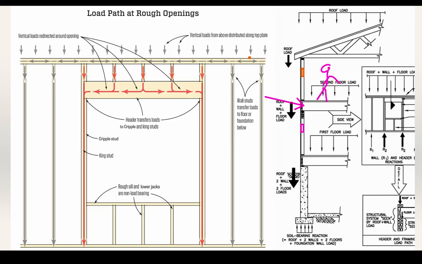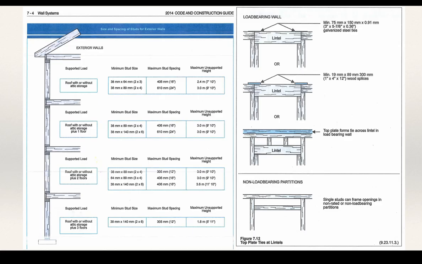As opposed to the orange lintel, it's just carrying the roof. Now, that might be a lot if we have tons and tons of snow built up on the roof. But that purple lintel here down on the first floor has to carry the floor, all the weight above, all the live loads on that floor, plus the roof as well. Okay? So we need to consider that.